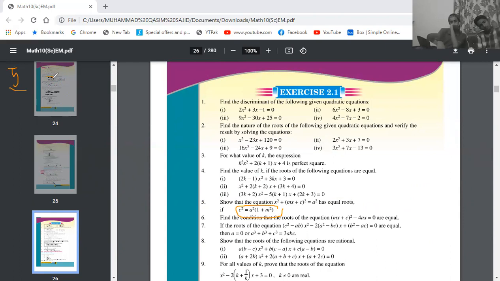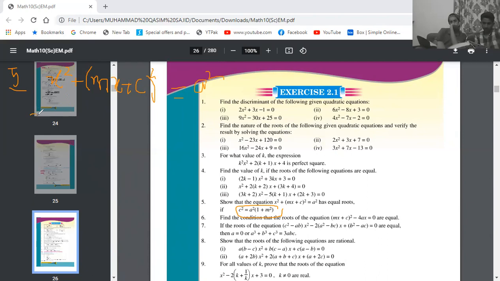The equation basically is (x square plus mx plus c) whole square equals a square. First we have to simplify our equation.